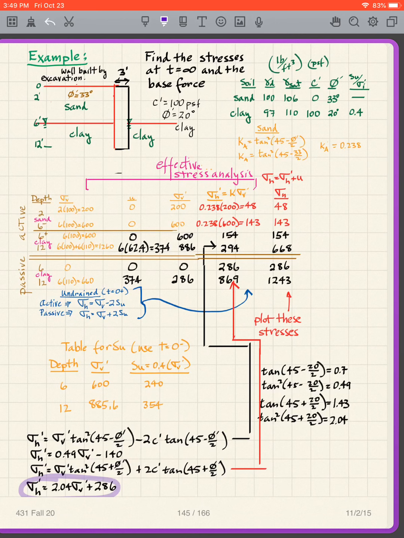I plug in those values, I get that little simplified equation, and then I get those two numbers for the sigma h primes. Then I add in the pore pressure, and I get these. Okay, so these are the active stresses, these are the passive stresses.